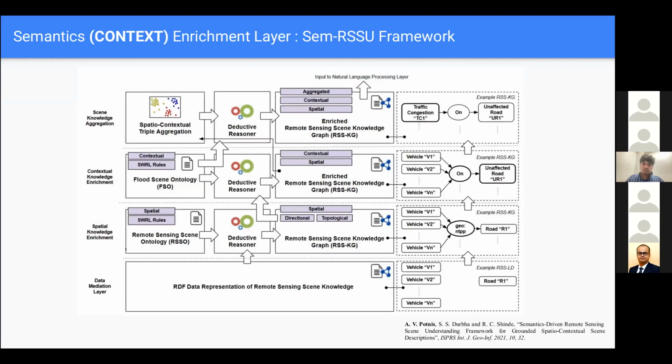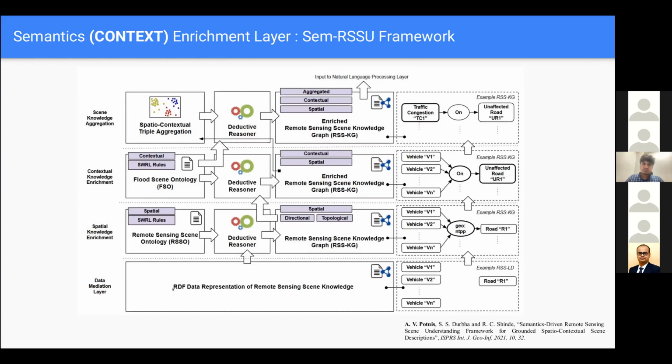So the first layer of this particular semantic enrichment layer is the spatial knowledge enrichment, wherein the domain knowledge resides in this particular ontology called the remote sensing scene ontology. So this ontology was proposed as a part of our work, wherein we formalized the spatial relations that can exist between two particular regions in a remote sensing scene.